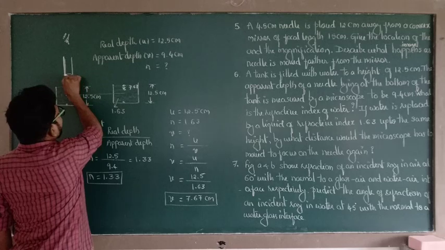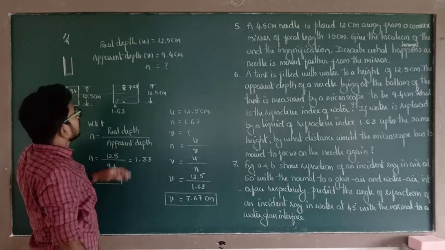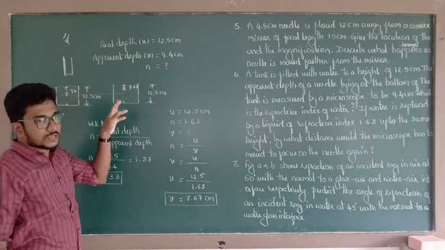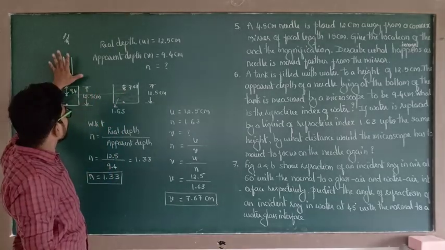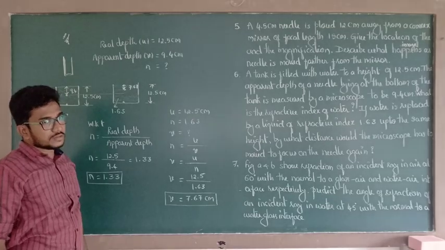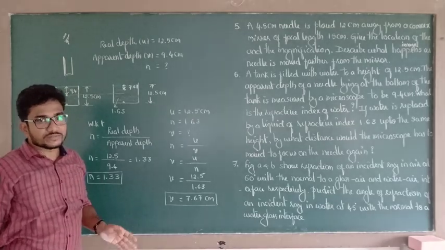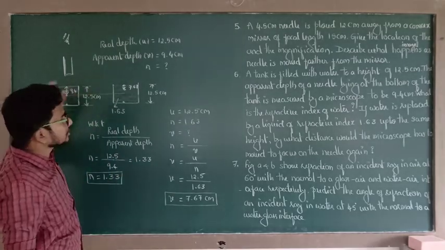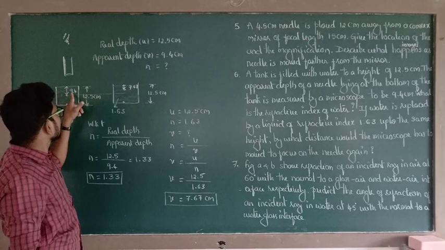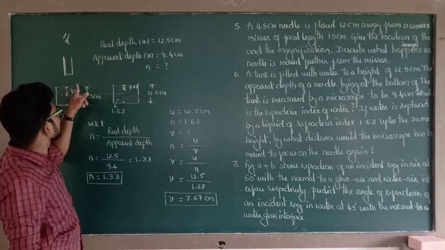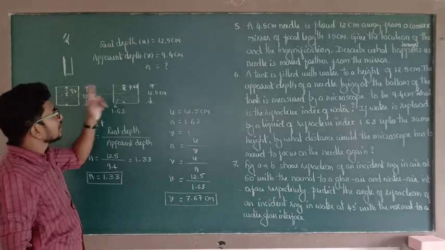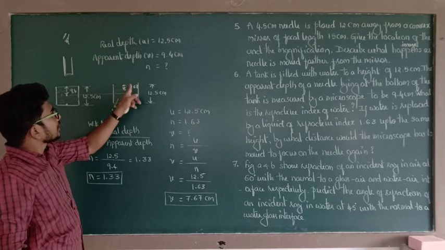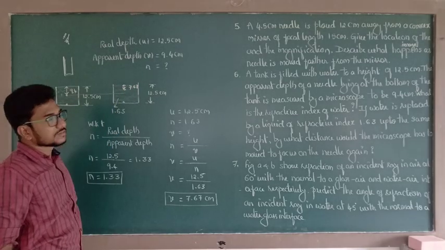Now if the microscope is at the same position, it is not possible to get a clear image. So we have to change the position of this microscope. By what distance? We don't know. That depends on the change in position of the image. Earlier the image is at 9.4 centimeter from the interface between rarer and denser, and now the image is at 7.67 centimeter from the interface.